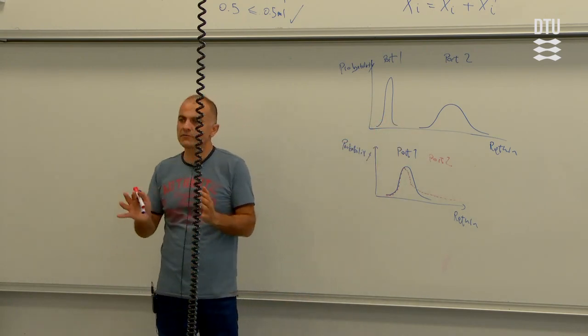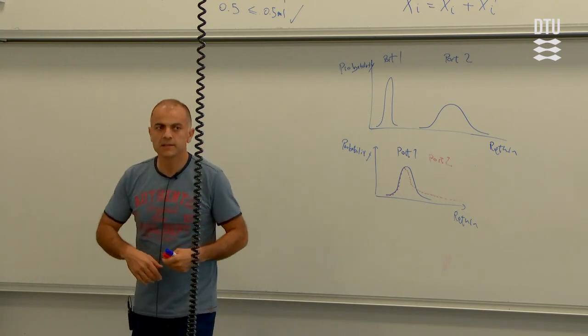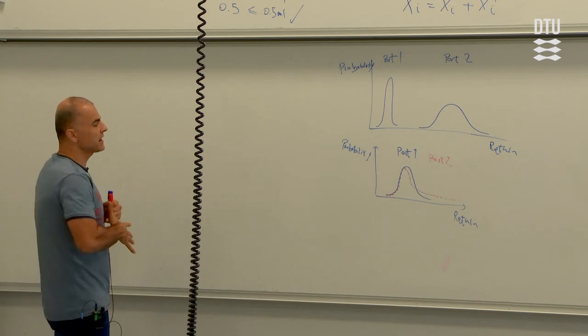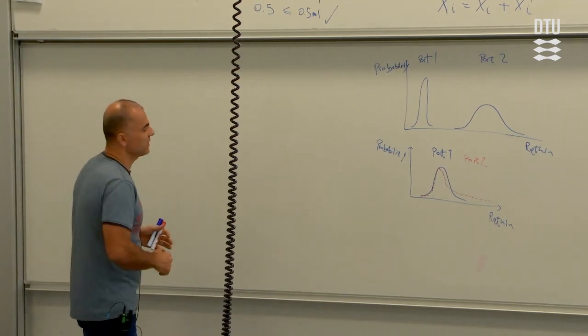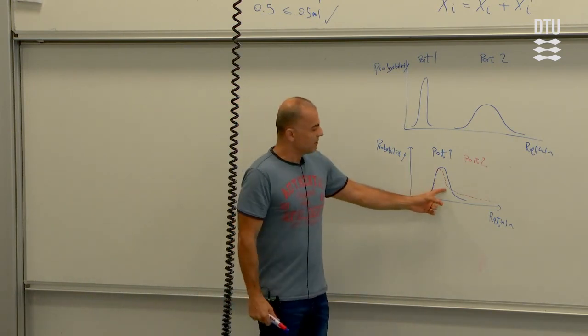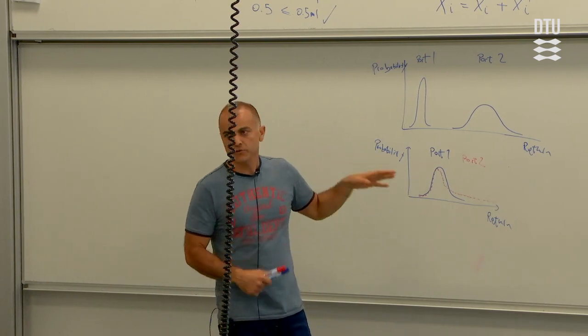But there are many things you have to make sure are in place before you can use the Markowitz model. It's quite interesting as a starting point for your analysis, but you have to be careful about these things.